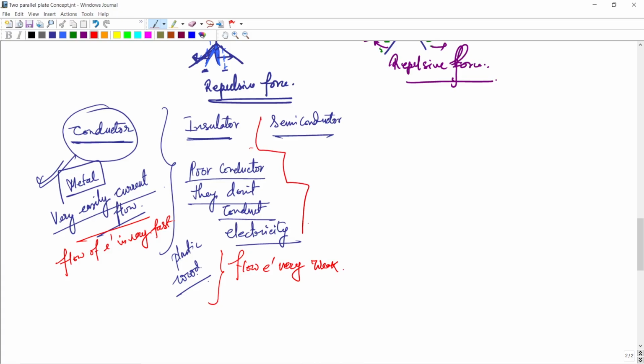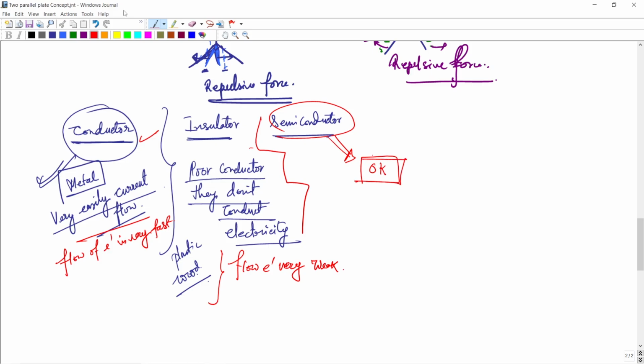And a semiconductor is in between conductor and insulator, midway between the conductor and insulator. Sometimes a semiconductor behaves as an insulator, sometimes as a conductor. Sometimes means at 0 Kelvin. At 0 Kelvin, a semiconductor behaves as an insulator.